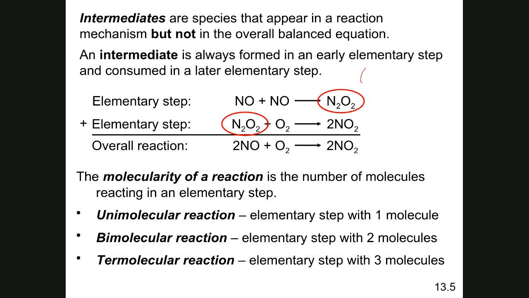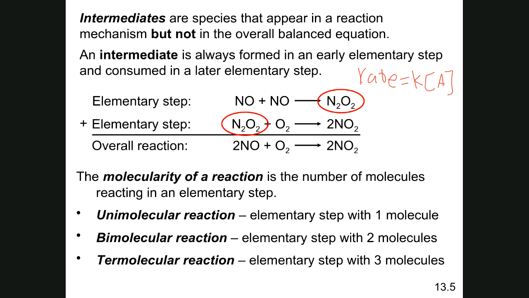For a first order reaction, rate equals k concentration of A, this is a unimolecular step, or your rate determining step is a unimolecular reaction. So it's only one molecule involved in the rate determining step.